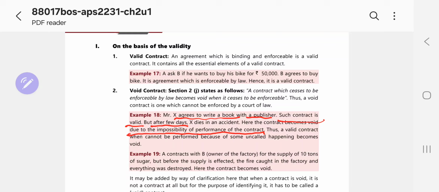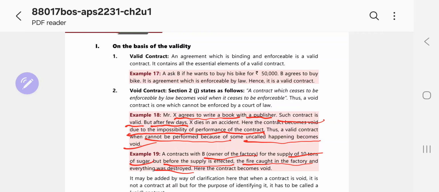Thus, a valid contract, when it cannot be performed because of some uncalled-for happening, becomes void. Example 19: A contracts with B, owner of the factory, for supply of 10 tons of sugar. But before the supply is effected, a fire catches in the factory, an unseen or unexpected event, and everything is destroyed.